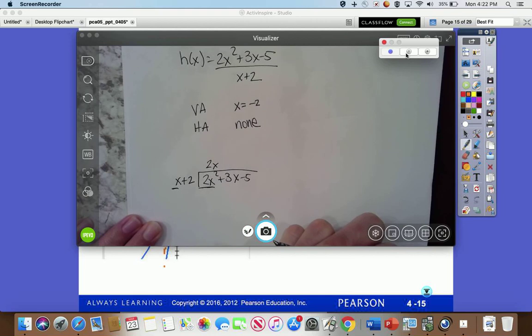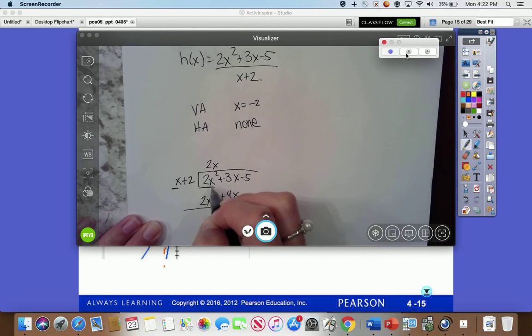And then you have to multiply. 2x times x is 2x squared. 2x times 2 is 4x. But when we're doing long division, we then subtract this. So 2x squared minus 2x squared is 0. And then 3x minus 4x is negative 1x. Bring down your minus 5.